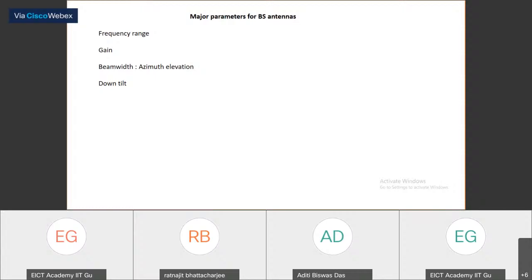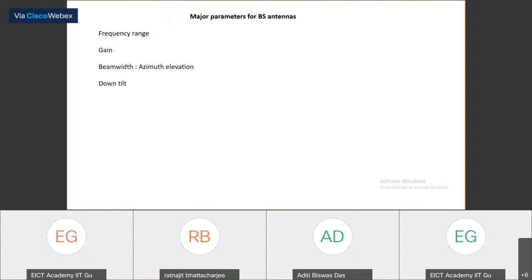What are the other parameters? Down tilt. I showed you the picture, and we saw that our antenna essentially is an array antenna, and it is put inside some cover. These are called radomes, and these are also to be designed because they should be transparent to the radio signals, but they will provide adequate protection. So cover design matters, it's not an antenna radiating in free space.